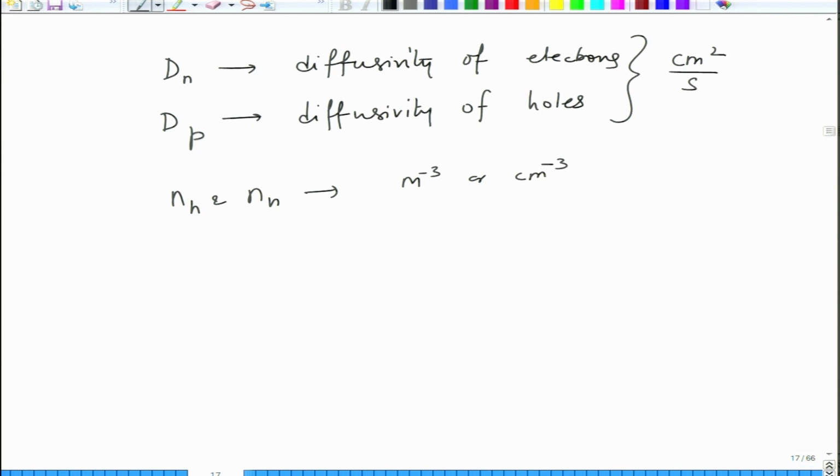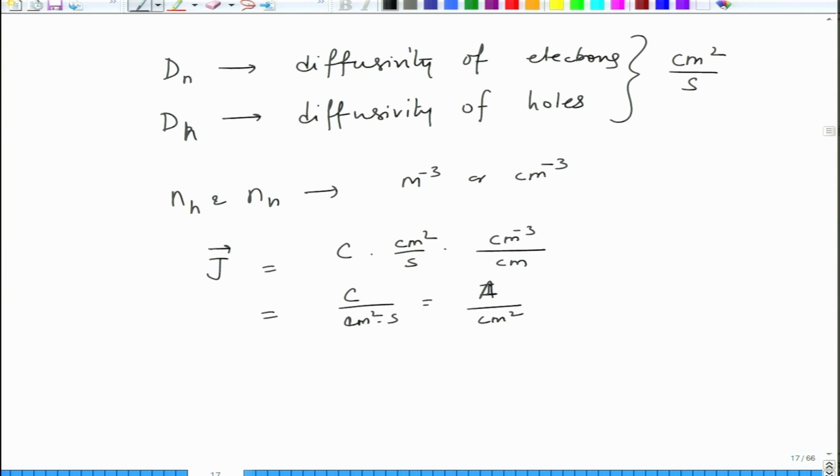All right. So, if you look at the flux now, the current will be: you have q in coulomb, into centimeter square per second, into n as per centimeter cube, and this will be per centimeter. If you look at the units now, this is coulomb per centimeter square per second. Coulomb per second is ampere, so ampere per centimeter square: the number of amperes passing through per unit area.